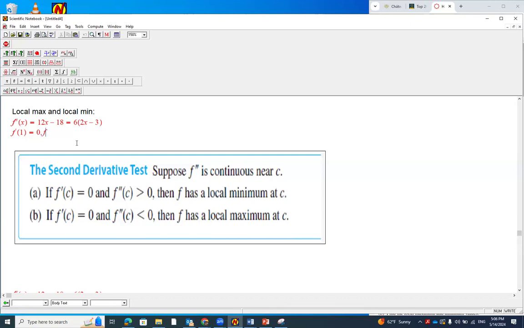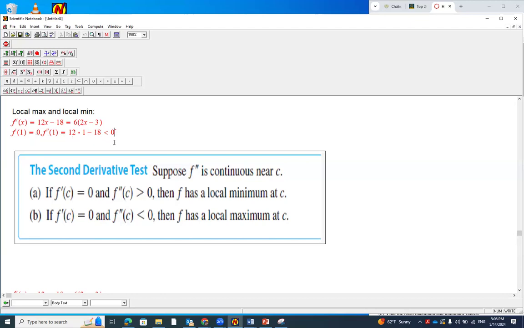Second derivative at 1 equals, I'm just going to plug in the number. So that's going to be 12 times 1 minus 18. And that number is going to be negative. So for the second derivative test, part B applies, right? First order derivative equals 0.